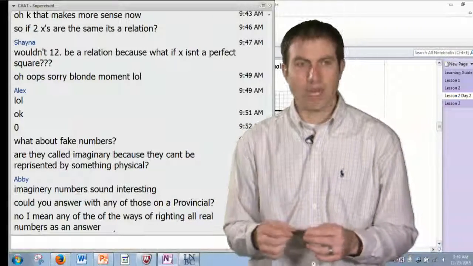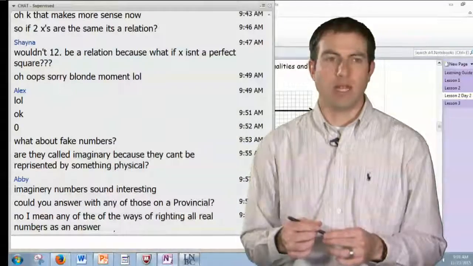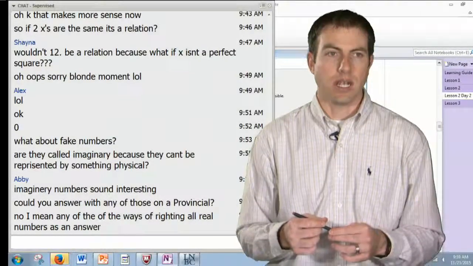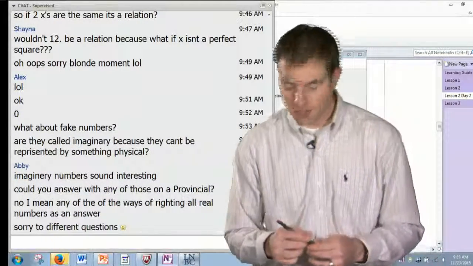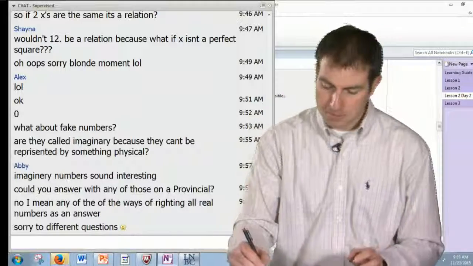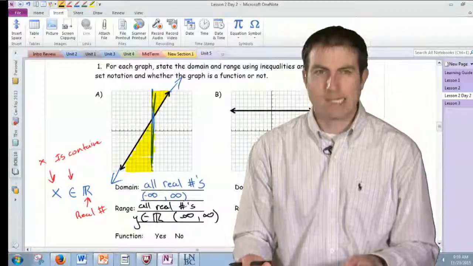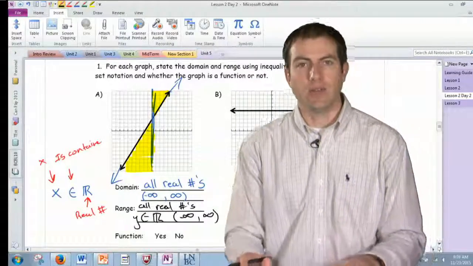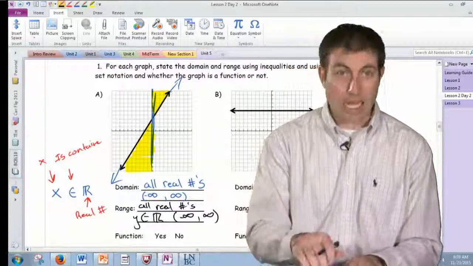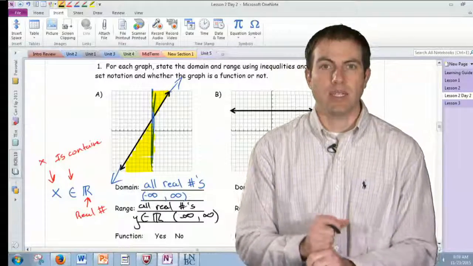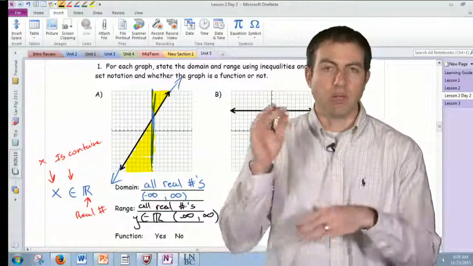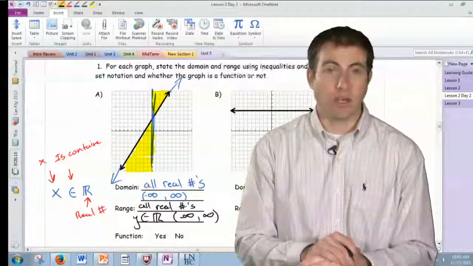I mean, any of the ways of writing all real numbers as an answer. Oh, yeah, sorry, I was confused. Would it come up? Yeah, it could, I guess. If you had a graph like A on the provincial exam, and they said, what's the domain? And they gave you a bunch of answers. They could write it in different ways.